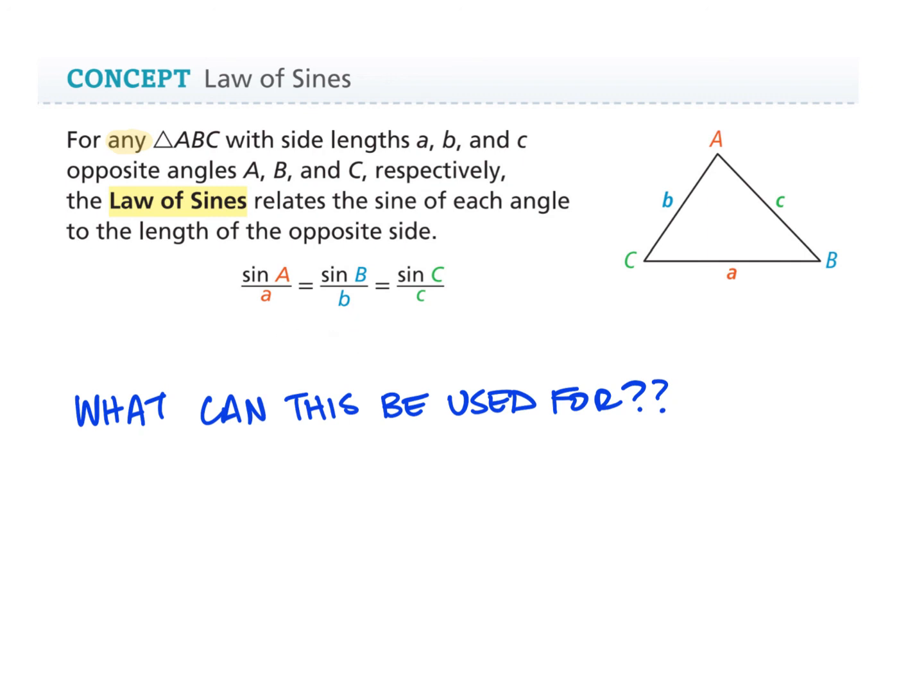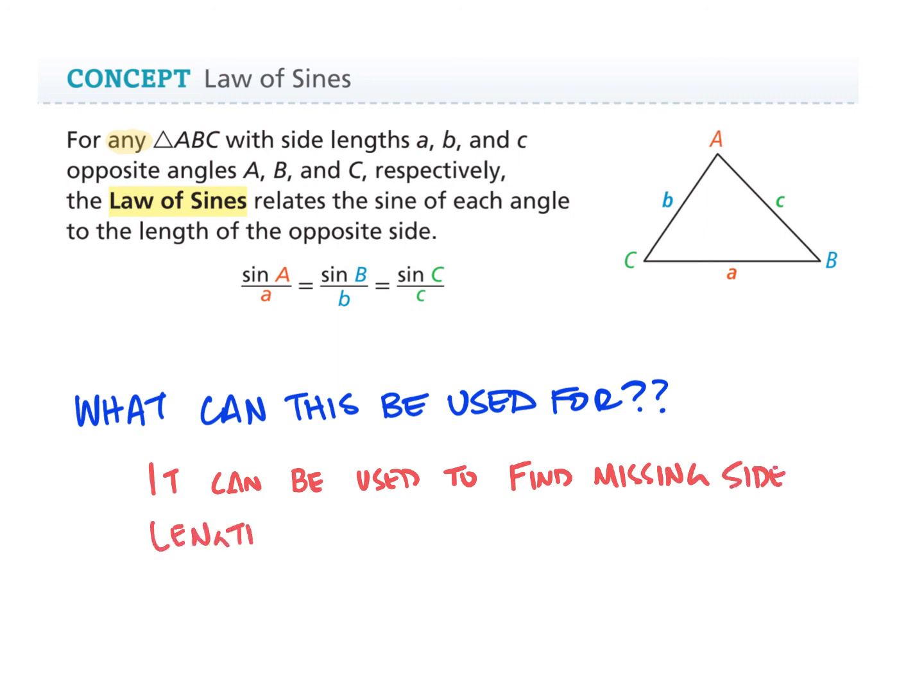And what that means is we can use this law of sines idea. It can be used to find missing parts, missing side lengths or angle measures in a triangle.